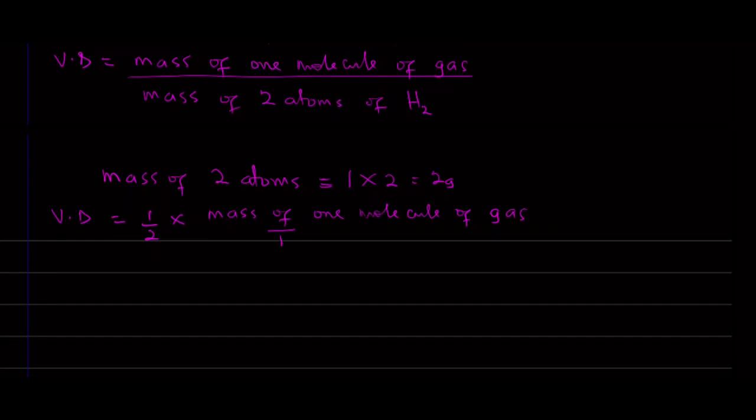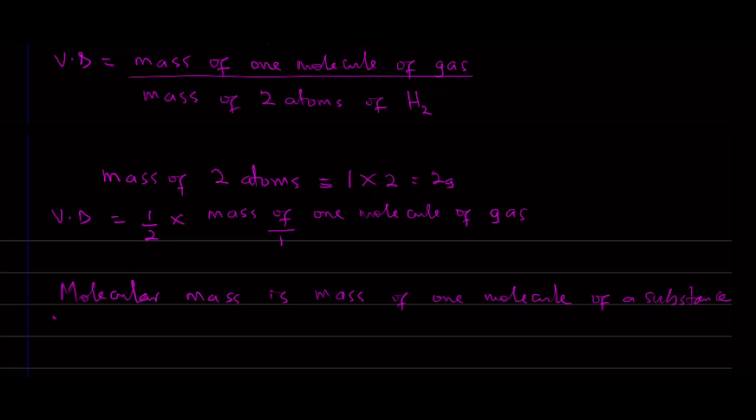If you remember, we have said that molecular mass is defined as the mass of a molecule of a substance. Since the substance involved here is gas, we can say that the molecular mass of the gas is defined as the mass of one molecule of the gas.